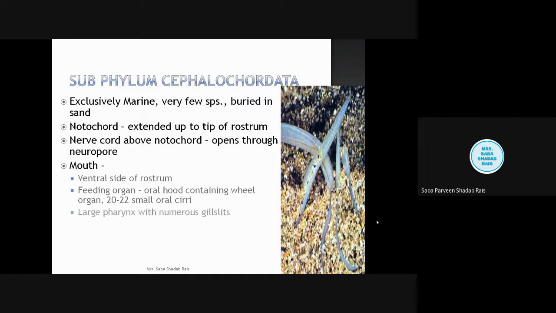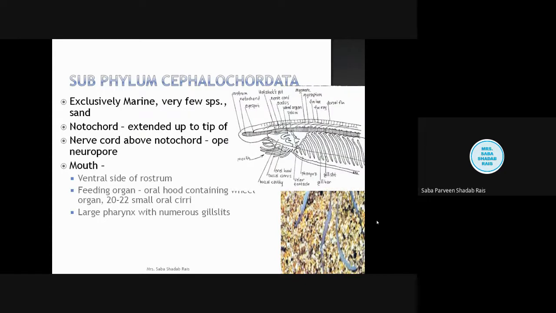The mouth leads into the large pharynx with numerous gill slits. See, this is the mouth, and this is the oral hood, the buccal cavity, which has the oral cirri.